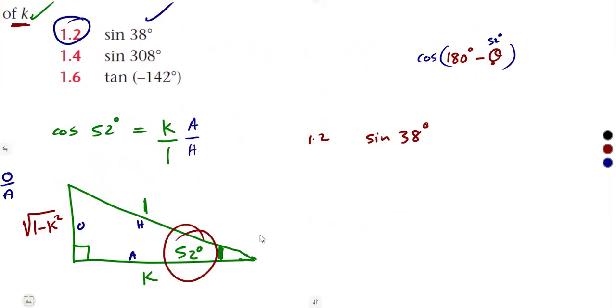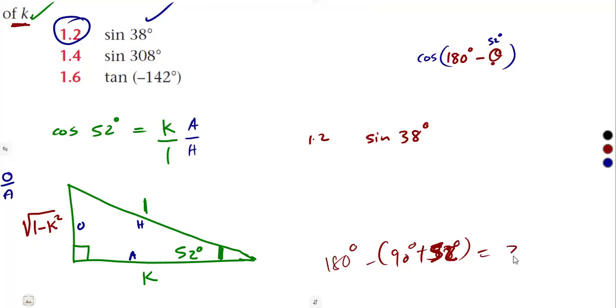So if this angle is 52, you subtract from 180 minus 90, or simply 90 minus 52. That's 38. Oh, sorry, this one is 52, so you're going to get 38 degrees. It's the remaining angle of the triangle.